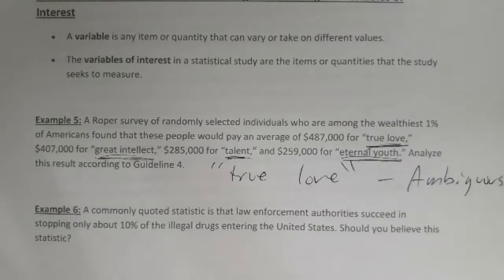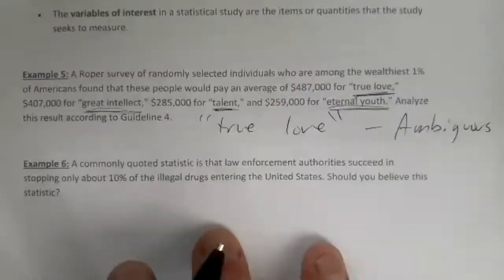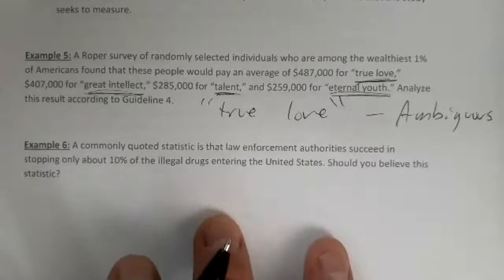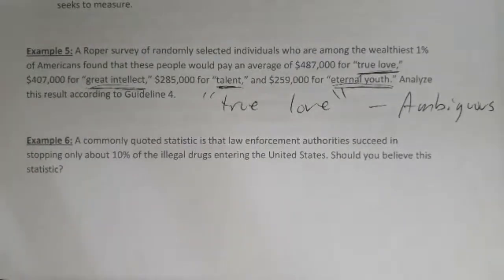Those are very different things. One person might consider one talented and another not talented. Who knows, right? So the problem here is that these variables of interest are very ambiguous. They're not well defined. It doesn't really give us a lot of predictive properties into what this really means.